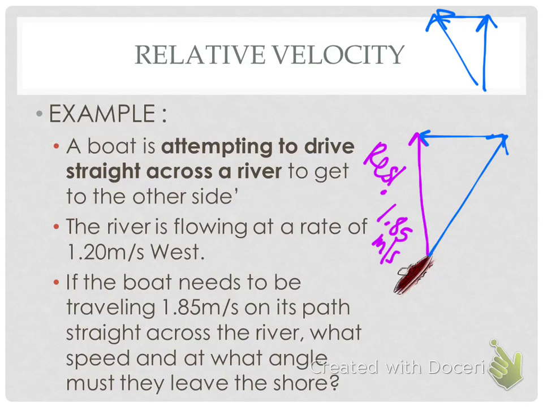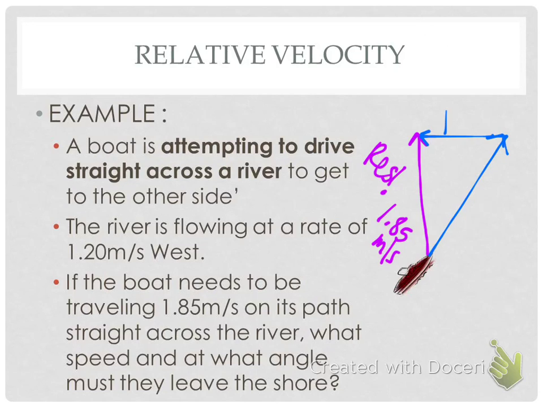If I leave to the west and the current is pushing me west, there's no way I'm going to get to my final destination. So we just have to be careful when we draw these diagrams. We can visualize it like this: I want to make it straight across the river, but it's going to push me west, so I need to leave somewhere over here, and I'll get pushed back to where I want to be.